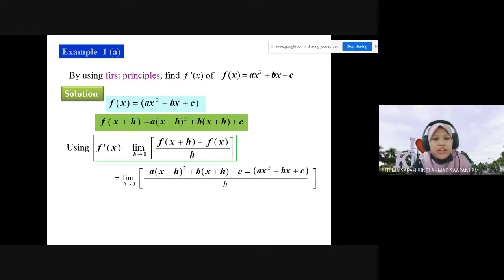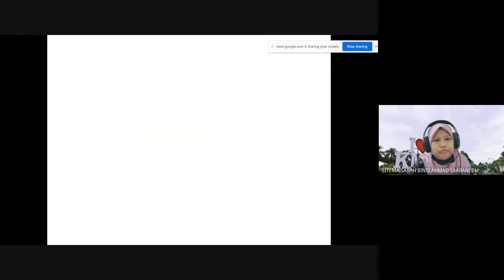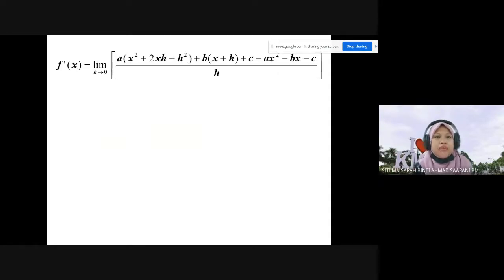So we expand x plus h squared, and then we expand b(x plus h), so that we get a shorter form. We expand so that we can add and subtract. Expanding x plus h squared, we get x squared plus 2xh plus h squared. So it becomes a multiplied by (x squared plus 2xh plus h squared) plus b multiplied by (x plus h) plus c minus ax squared minus bx minus c.